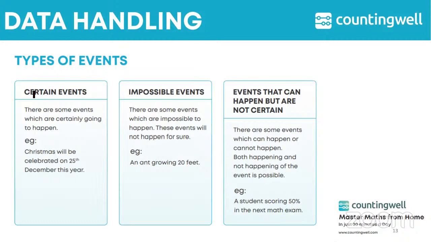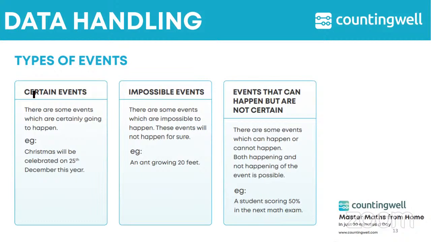Then we have events that can happen but are not certain. So there are some events which can happen or cannot happen, but both happening and not happening of the event is possible. So an event can happen also, and it is not certain. For example, a student scoring 50% in the next math exam.